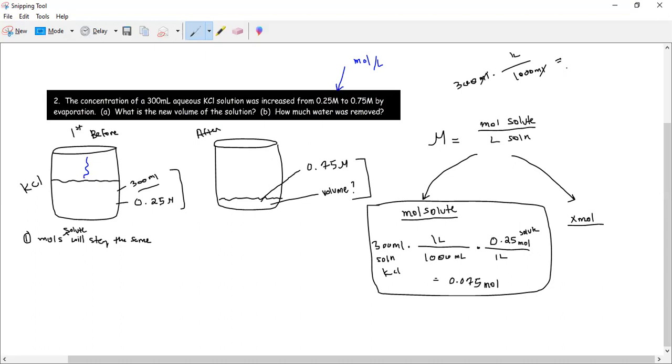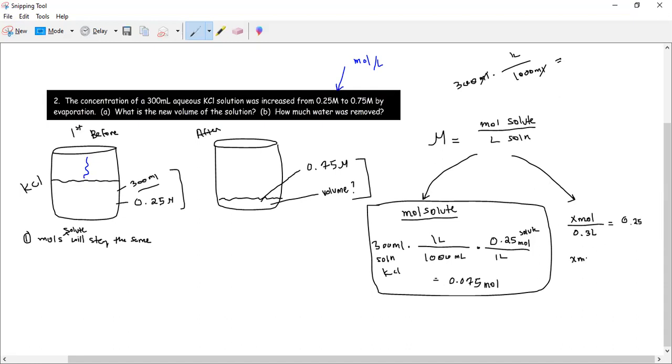So we'd essentially just be doing 300 divided by 1,000, which is 0.3. So we have 0.3 liters, and it equals a molarity of 0.25.